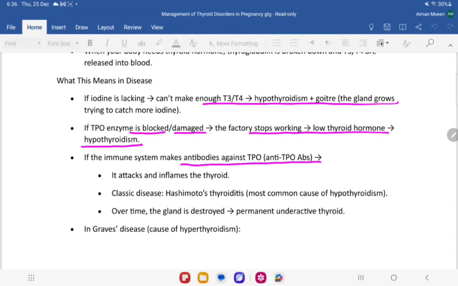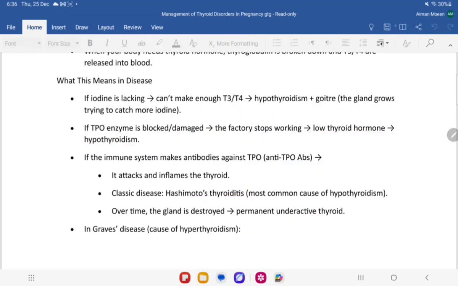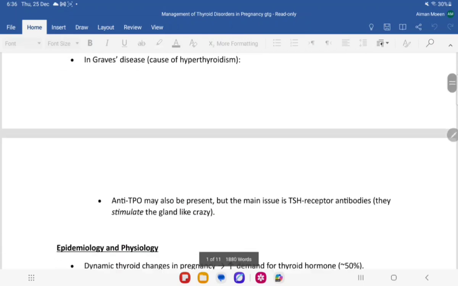In autoimmune disease, when anti-thyroid peroxidase antibodies are formed, they attack and inflame the thyroid. In the classic disease, it is called Hashimoto thyroiditis, the most common cause of hypothyroidism. Over time, the gland is destroyed and there is a permanent underactive thyroid. So how do you differentiate it from Graves' disease?